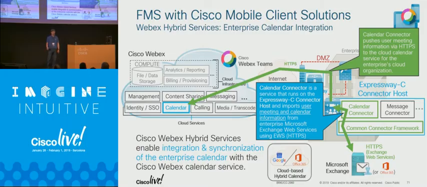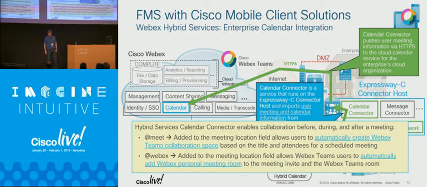Something to note here, not only can we do that from on-prem Exchange or O365, but we can also leverage cloud-based hybrid calendaring, where that actual calendar connector actually gets run in the cloud and is run by the WebEx organization rather than having it on-prem. So if I do Google or O365, I can do hybrid connectors as well, but in this particular case, I happen to just be showing on-prem calendar connector with Microsoft Exchange.